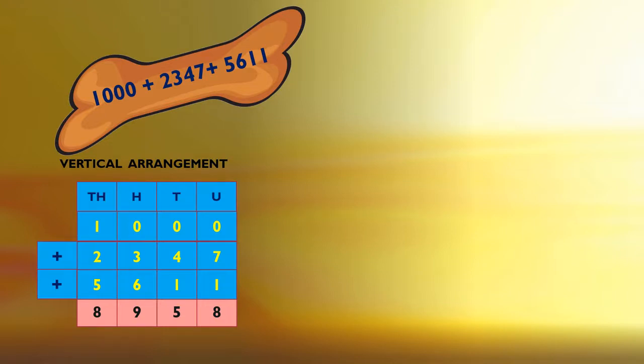Moving to the tens column, we have 0 plus 4 plus 1, which adds up to 5. In the hundreds place, we have 0 plus 3 plus 6, which adds up to 9. And in the thousands place, we have 1 plus 2 plus 5.